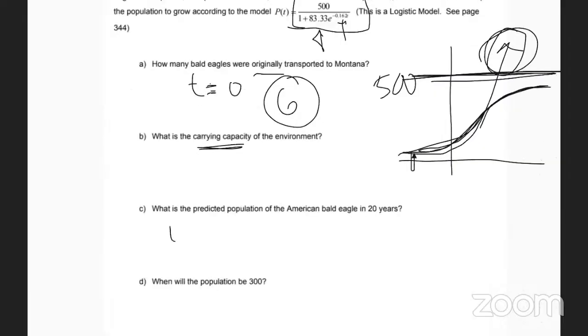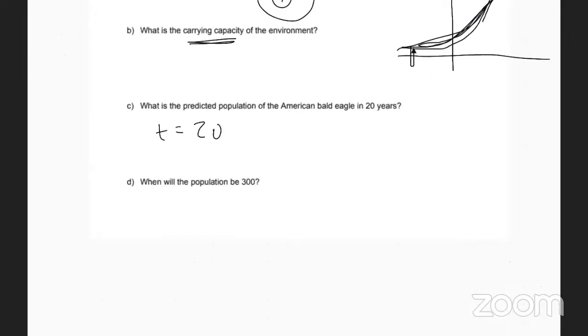Let me put that into my calculator. 500 over 1 plus 83.33 times e to the power of negative 0.162 times 20. I got 117, rounded down.